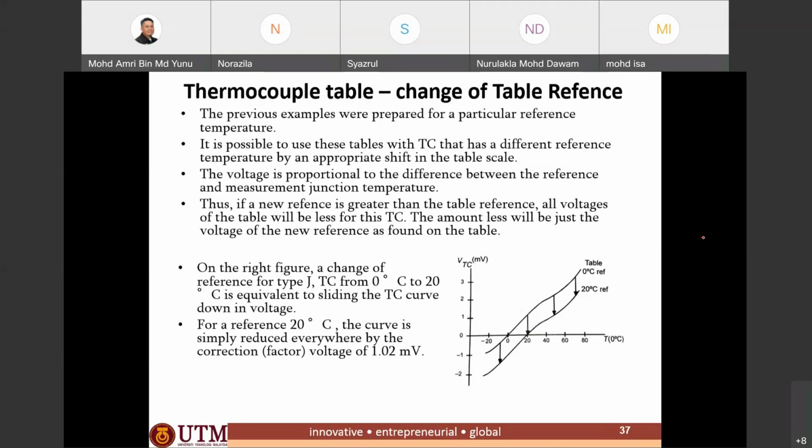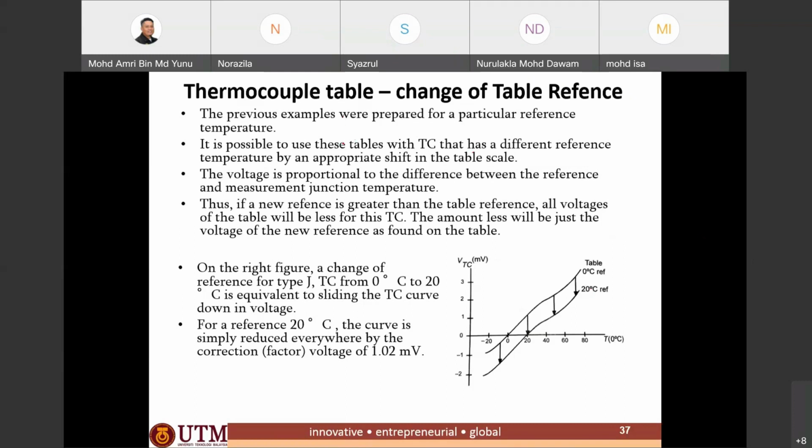But in a practical aspect, maintaining the reference at negative degrees Celsius is not practical. So what may practically happen is that the reference junction temperature could be increased to a higher value, for instance 20 degrees Celsius.